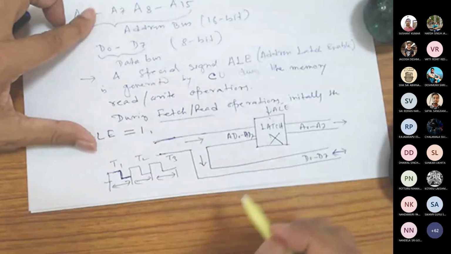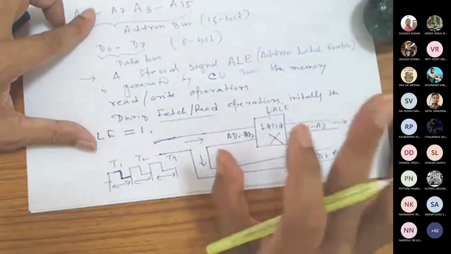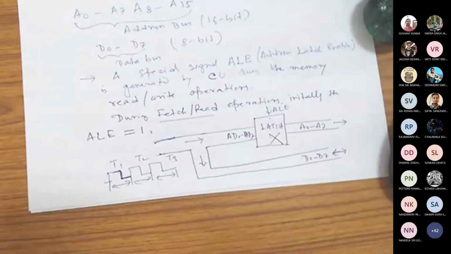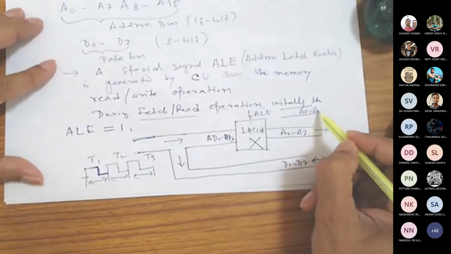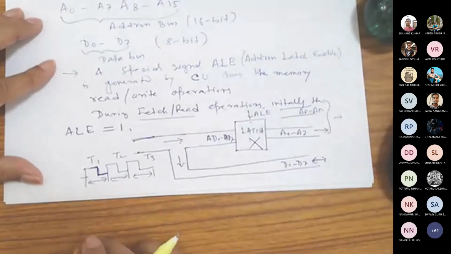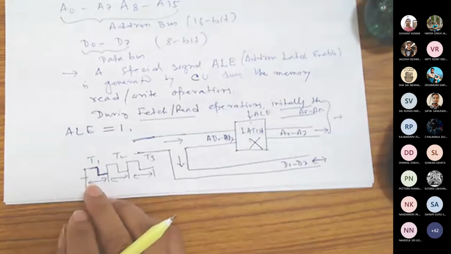A8 to A15 are the same, because there is no dispute there. They are separate higher order address lines. A8 to A15 will be combined with this one, and you get the 16-bit address line, which goes to the memory decoder. That decoder is a simple decoder; the RAMs that we use with 8085 are not this complex.